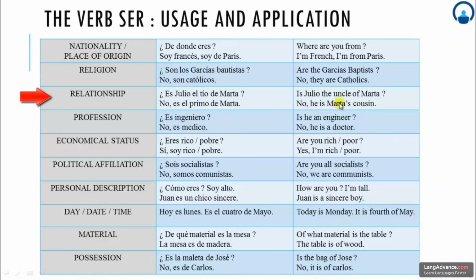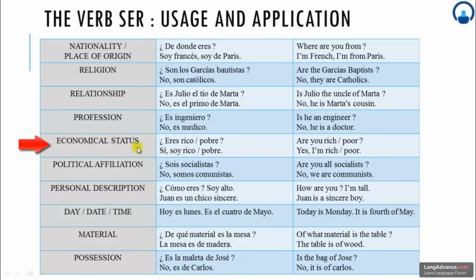No, he is Marta's cousin. Profession. ¿Es ingeniero? Is he an engineer? No, es médico. No, he is a doctor. Again, if you are saying something about the profession of a person, you have to use the verb ser.